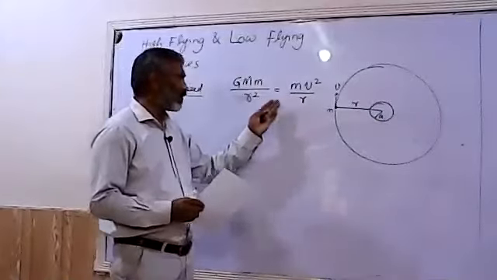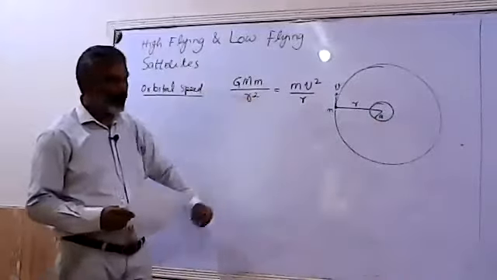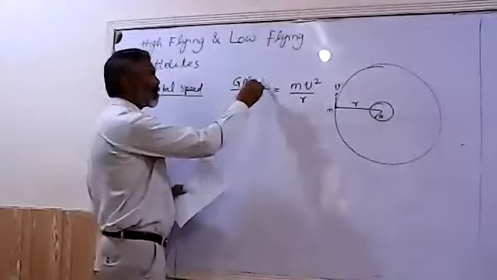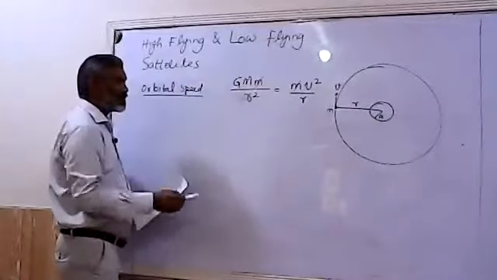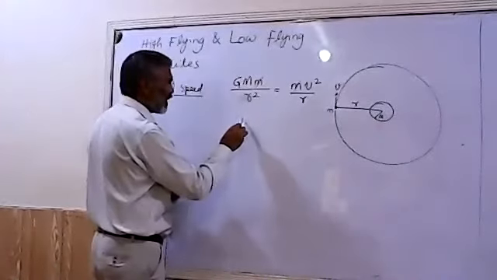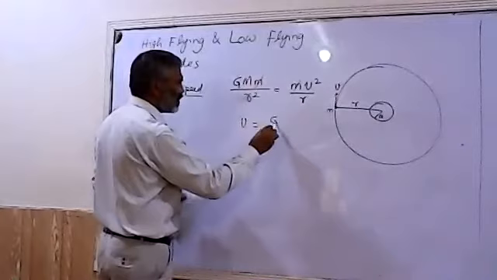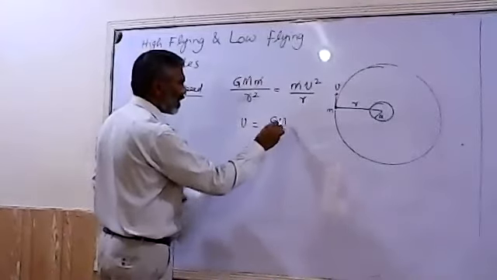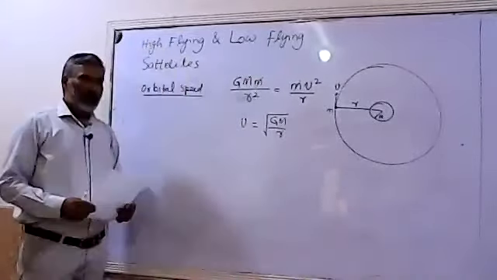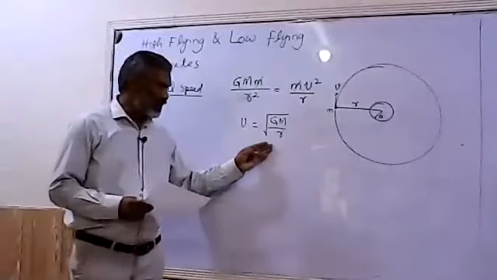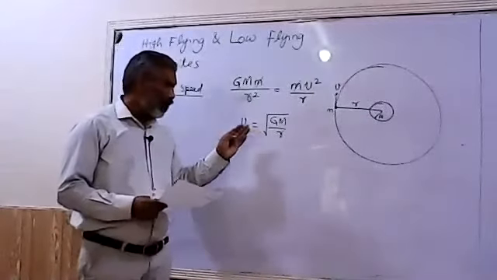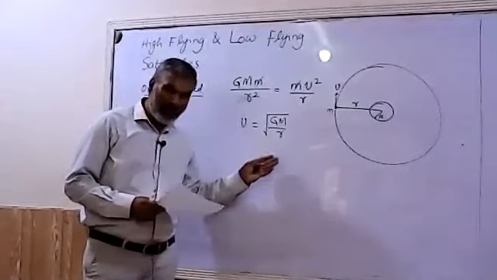That is why we can equate this force to mv square over r. If I cancel m from the two sides, it's easy to see that v becomes equal to the square root of GM over r. This is the expression for the orbital speed in its simplest form.